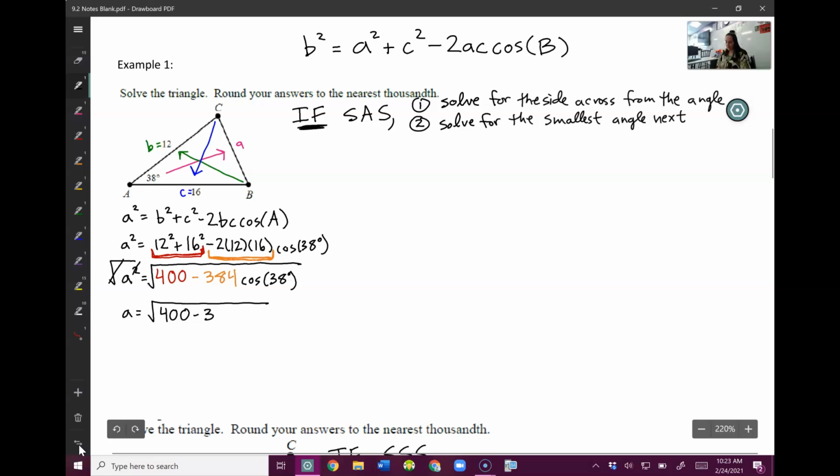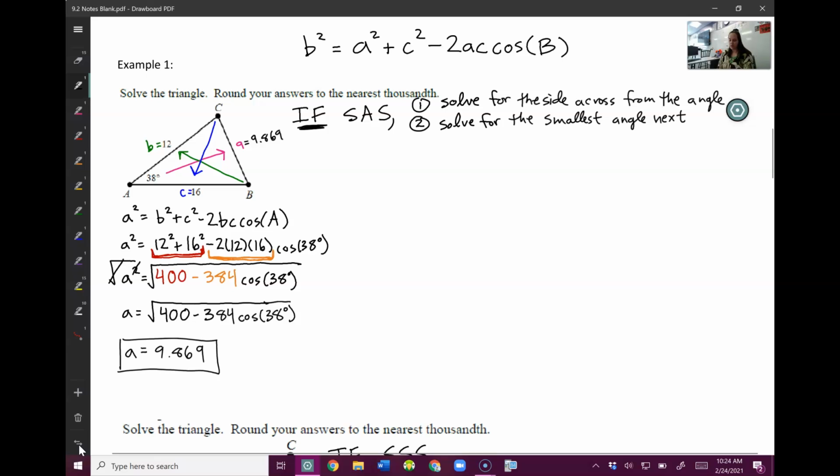And this is what you would type into your calculator: square root of 400 minus 384 cosine of 38. If you type that into your calculator, you should get 9.869. And remember, we round to 3 decimals this chapter. So I now know that little a is 9.869.